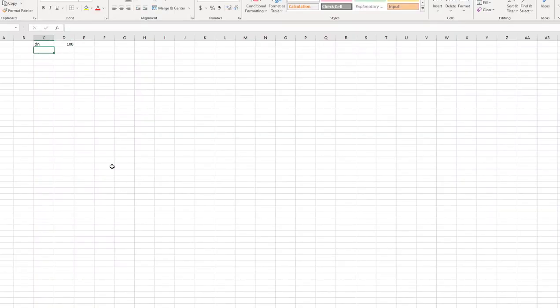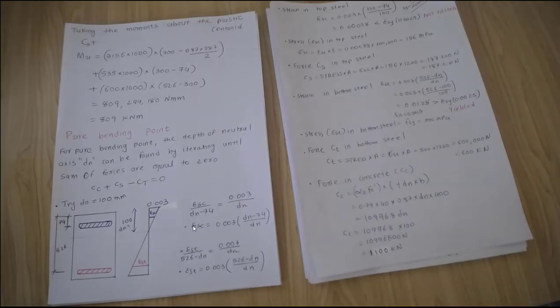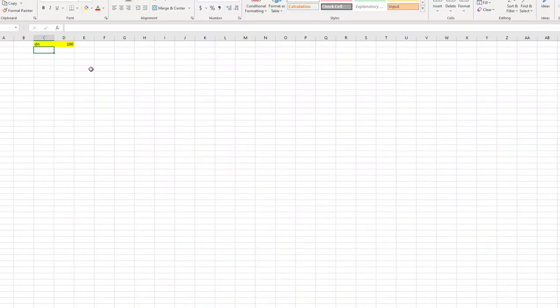Now the second step. Let's say this is your input, so let's put this one in blue. In the second step, we calculated the compression strain. So that is the equation here that I'm just going to put there.